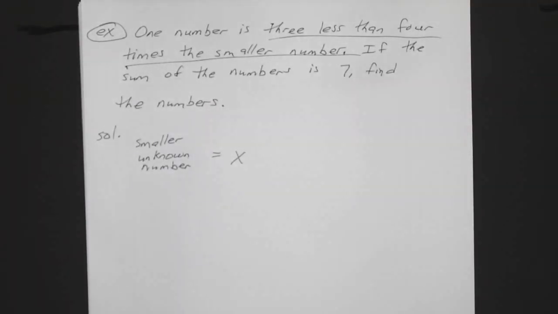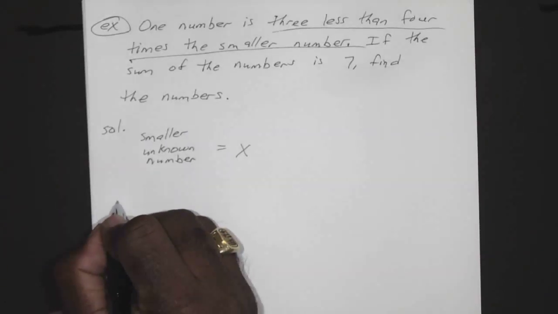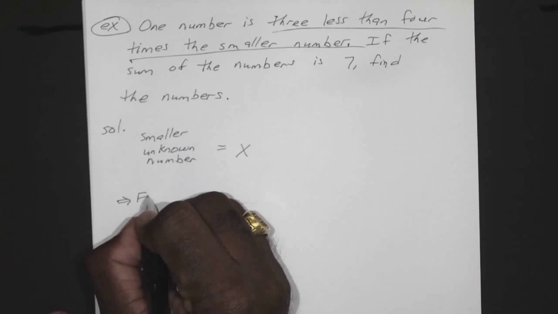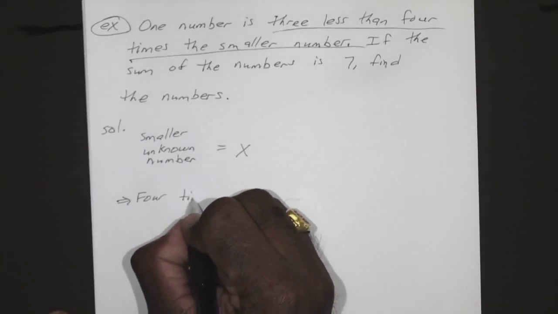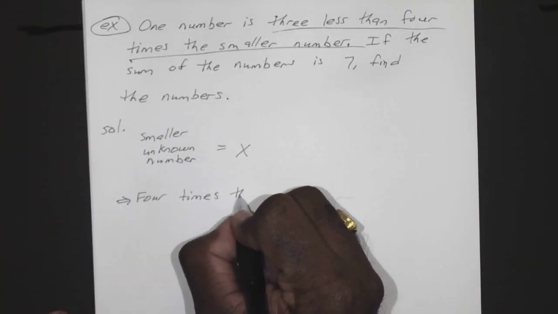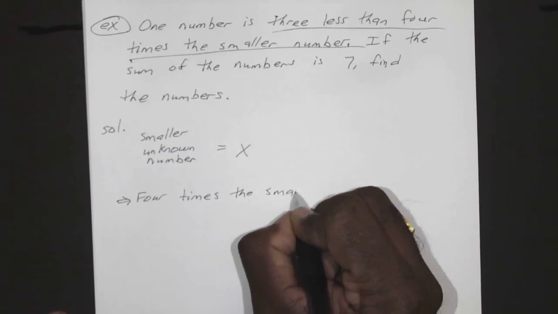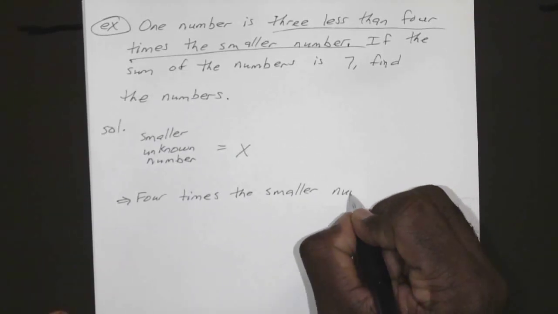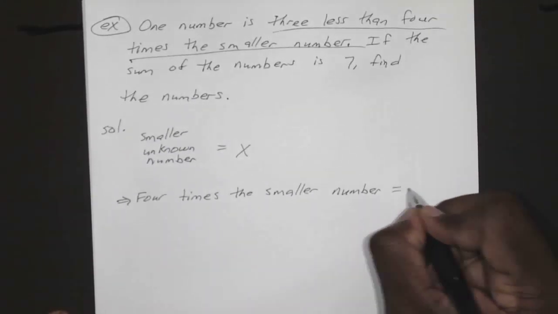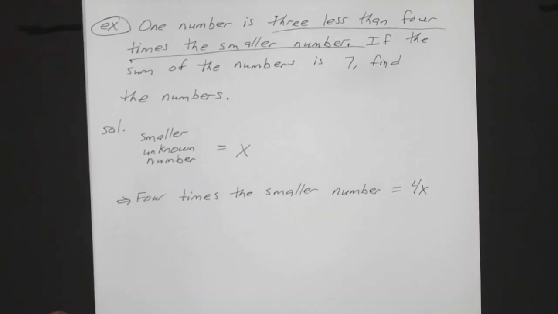Okay. So we get that one sentence and we kind of chip away at it. So 4 times the smaller number, we just make that 4x.